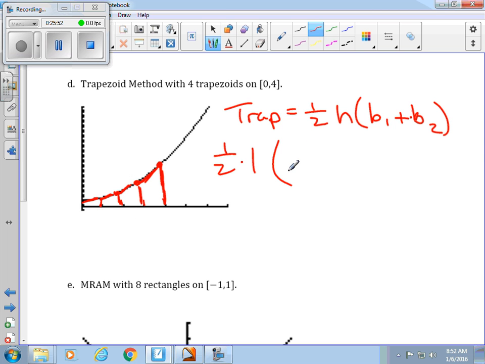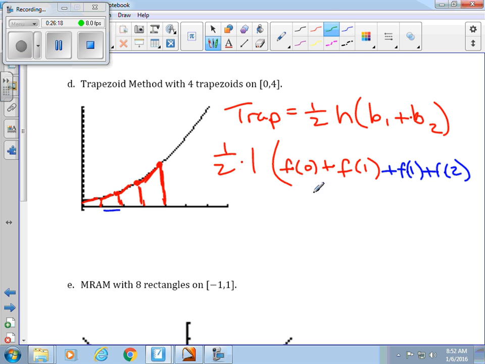Base 1 would be f of 0 plus f of 1. Base 1 plus base 2 on the first trapezoid. I'm going to switch colors so you'll know that I'm switching trapezoids. The second trapezoid will be f of 1 plus f of 2. Plus signs are not wanting to.